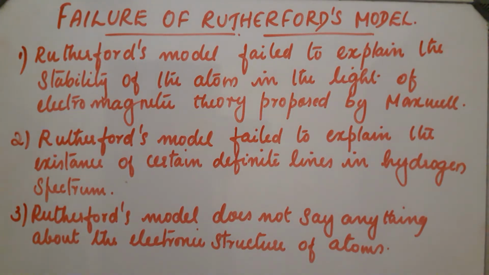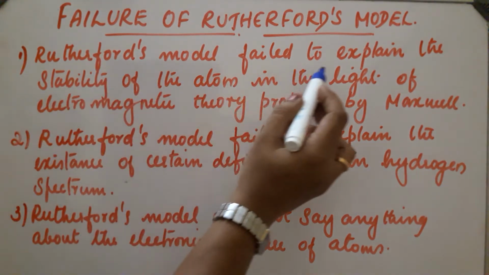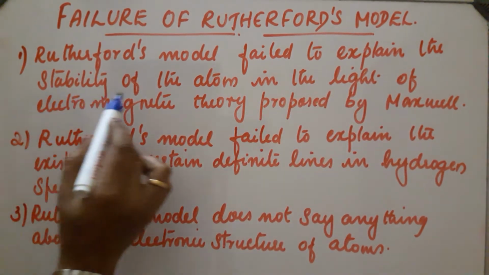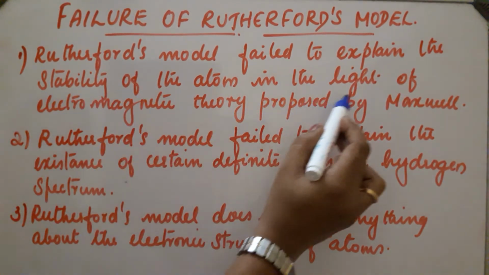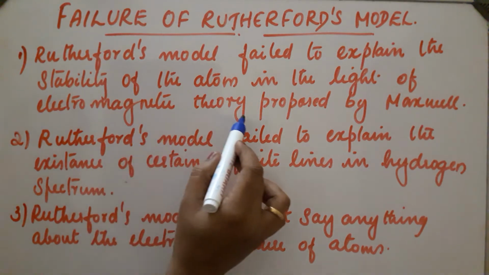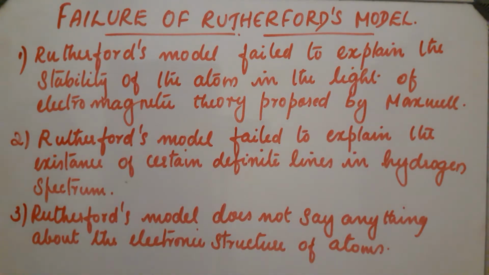First point, Rutherford's model failed to explain the stability of the atom in the light of electromagnetic theory proposed by Maxwell. In the structure of atoms, we know electrons are revolving around the nucleus with very high speed, so they emit certain radiations.